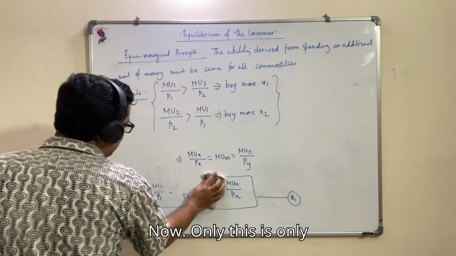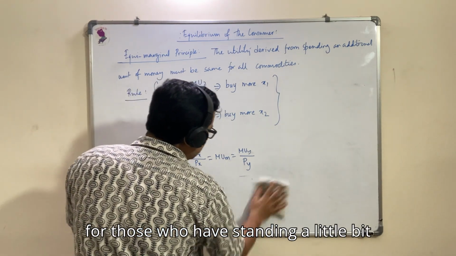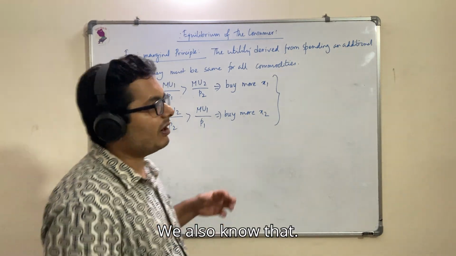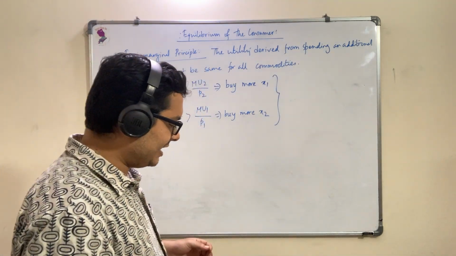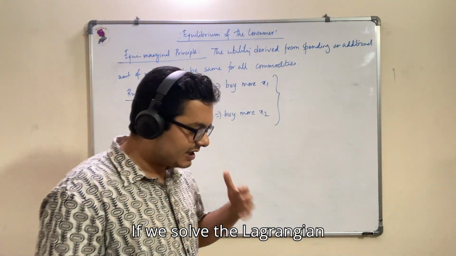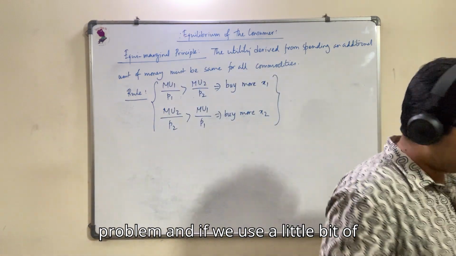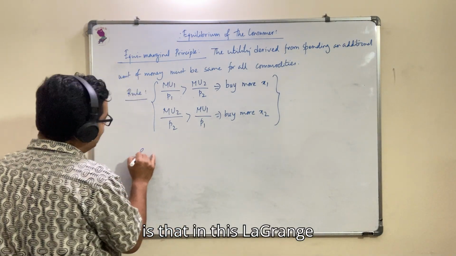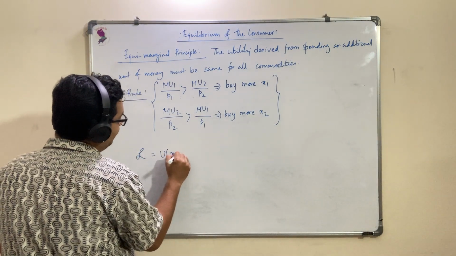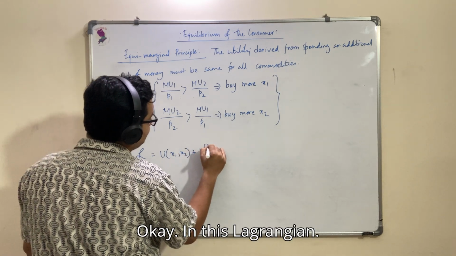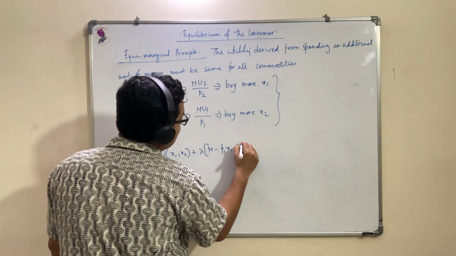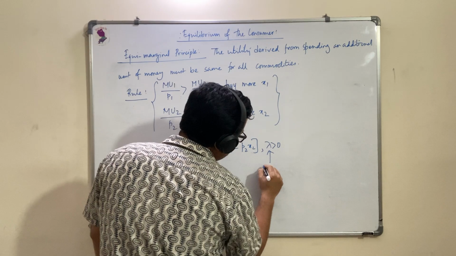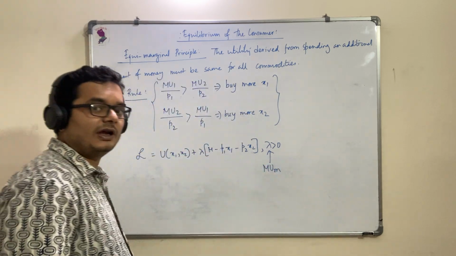Now, this is only for those who have studied a little bit of mathematics in UG by now. We also know that if we solve the Lagrangian problem and if we use a little bit of duality, what we can show is that in this Lagrangian structure, this lambda is nothing but the marginal utility of money.